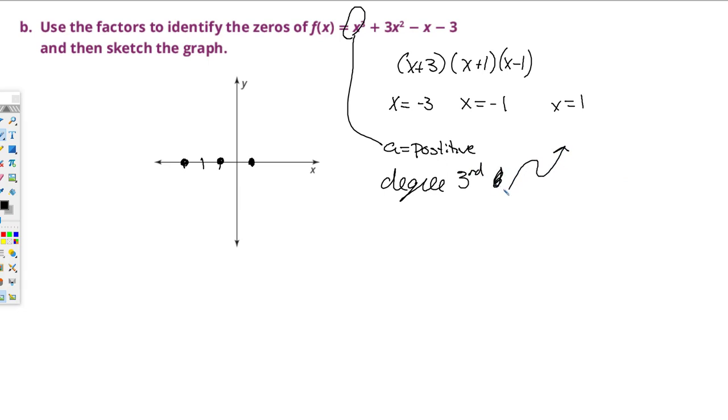So that means it's either one of those two, or it can be one of those constantly rising or falling graphs. These two will come into play if it's the same parenthesis, like if it's an x plus 3 cubed. We don't have that, so this is not involved. A was positive, so which one of these two is the right way?